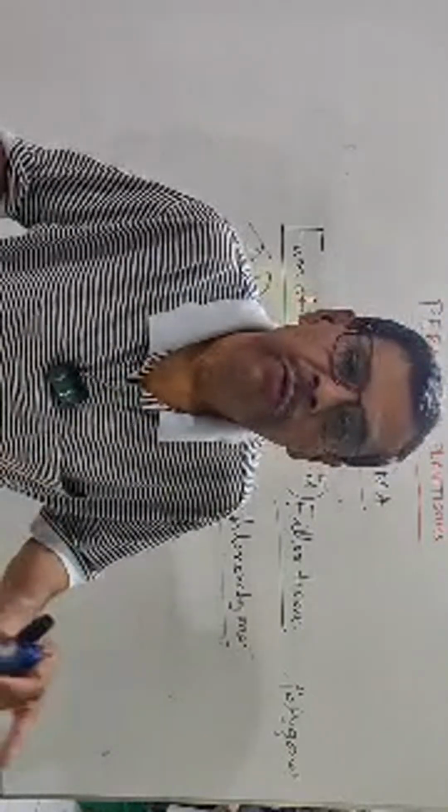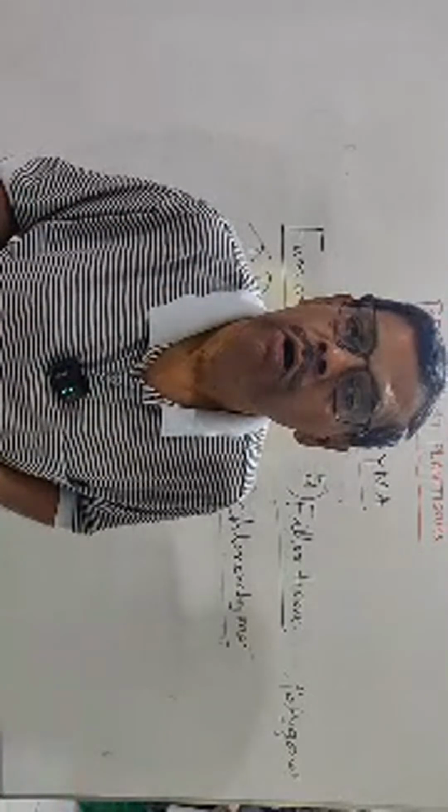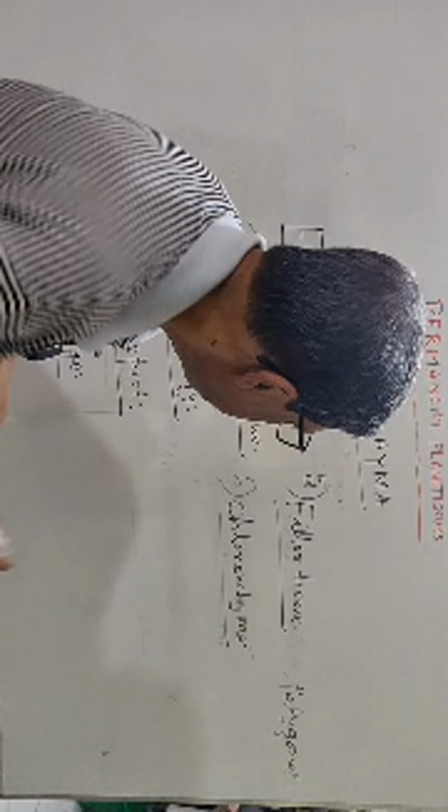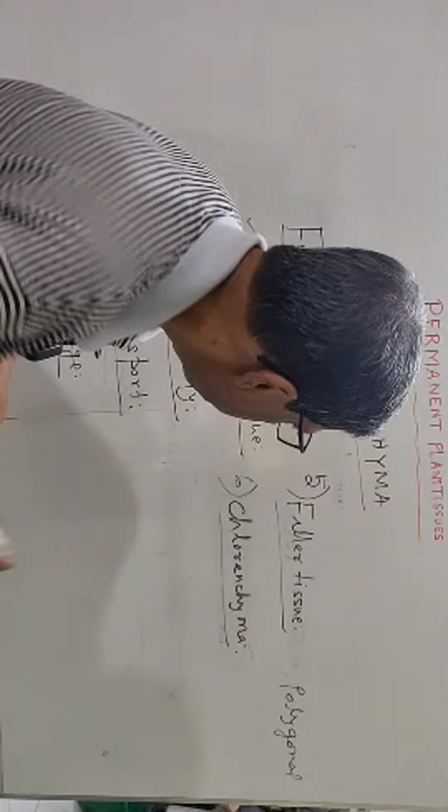It is found in mesophyll tissue of leaf. Number 7, aerenchyma. In case of hydrophytes, water plants, it gives buoyancy, flotation to the plant.